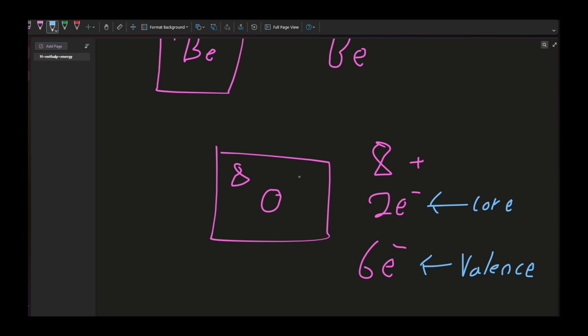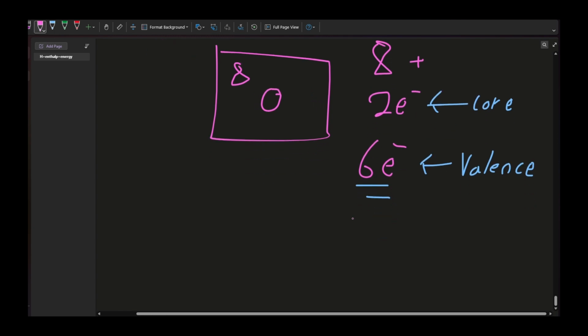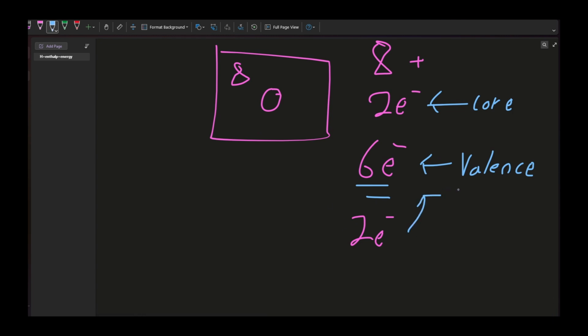Now, for oxygen to be an ion, it could lose all 6 of these electrons. Or, what makes more sense, because it already has 6, it's going to want to gain 2 more electrons from somewhere else so it can fill up this valence electron shell, and then this valence shell will become a core shell because it is completely full.